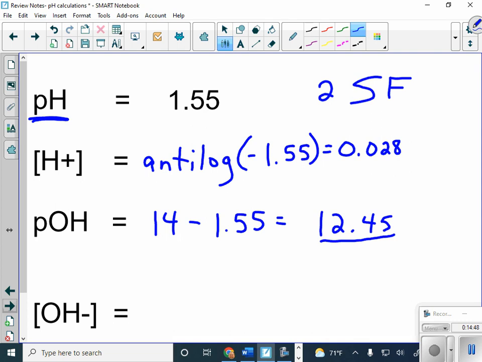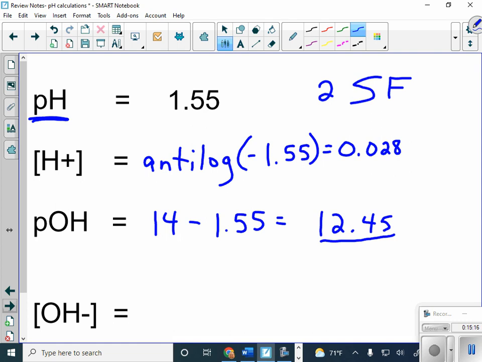Okay. pH plus pOH is always equal to 14. Okay. Sarah. Yes, it was back to the original. Yes, sig fig wise, it goes back to the original. I could put 14.00, okay?